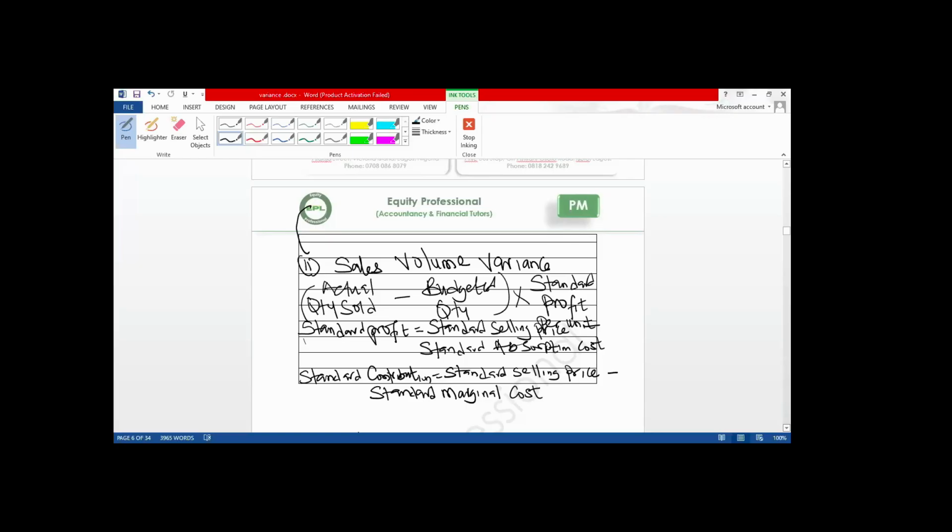Your standard profit is calculated as standard selling price minus standard absorption cost per unit. Let me try to write this again.